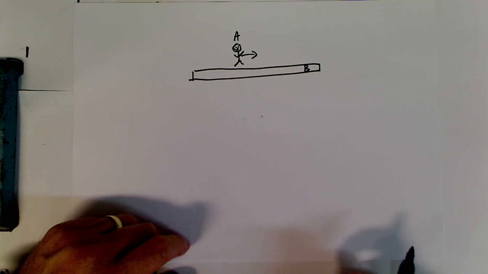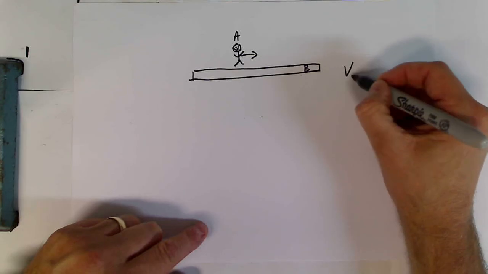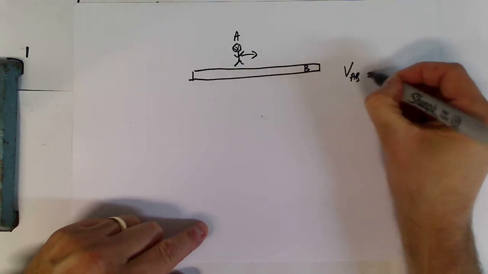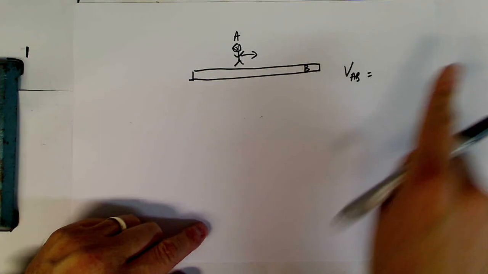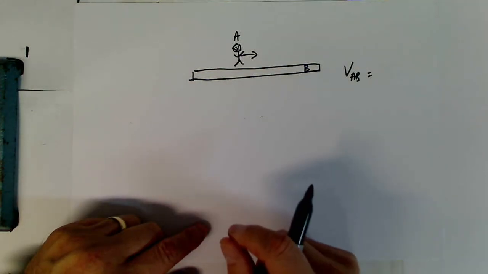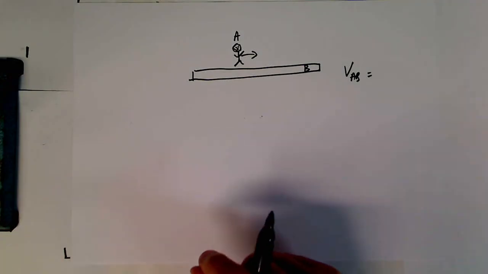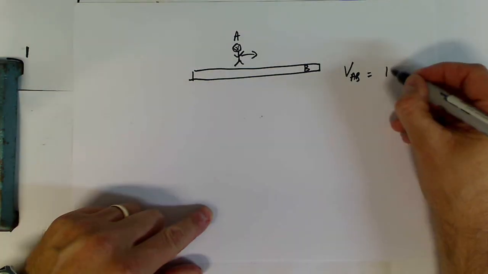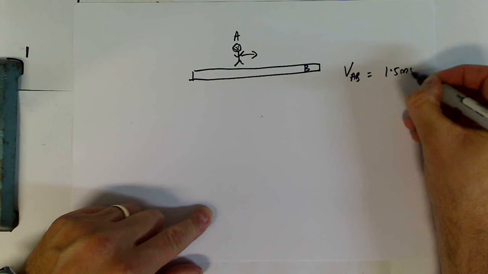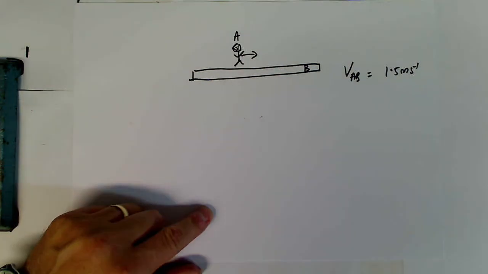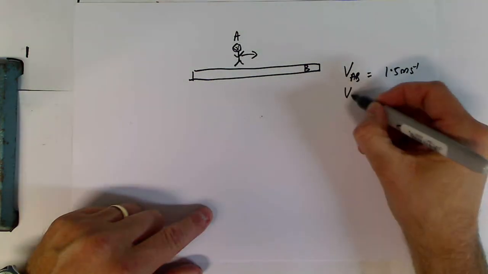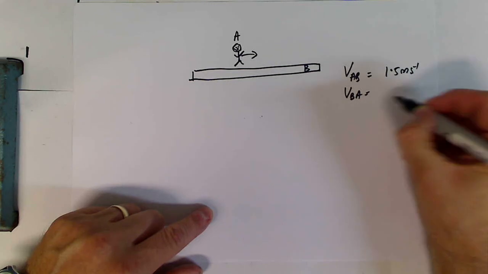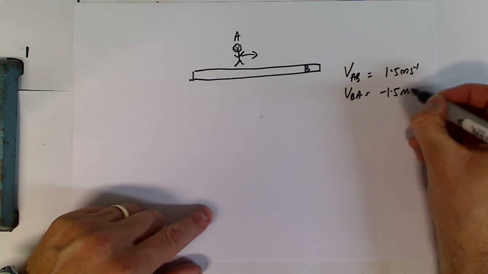What if we say the velocity of A relative to B, since she's going in that direction, is a positive velocity, let's say 1.5 meters per second. Quite fast, really. Then we know immediately that the velocity of B relative to A is minus 1.5 meters per second.